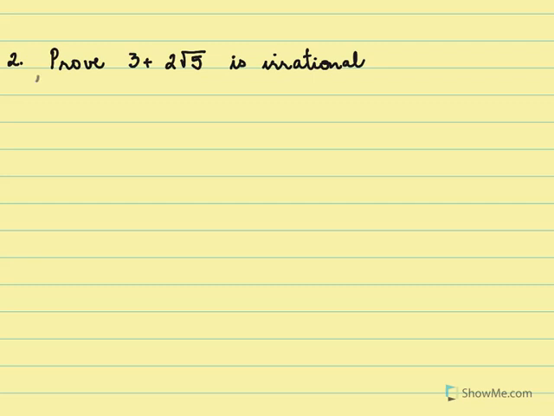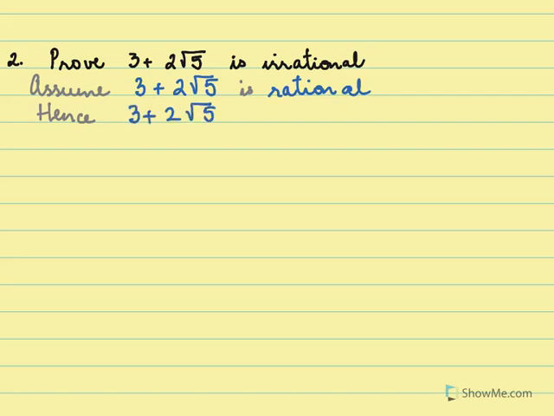Prove 3 plus 2 under root 5 is irrational. So we assume 3 plus 2 under root 5 is rational. And if it is rational, hence we write 3 plus 2 under root 5 equal to a over b, b not equal to 0, a and b co-prime.